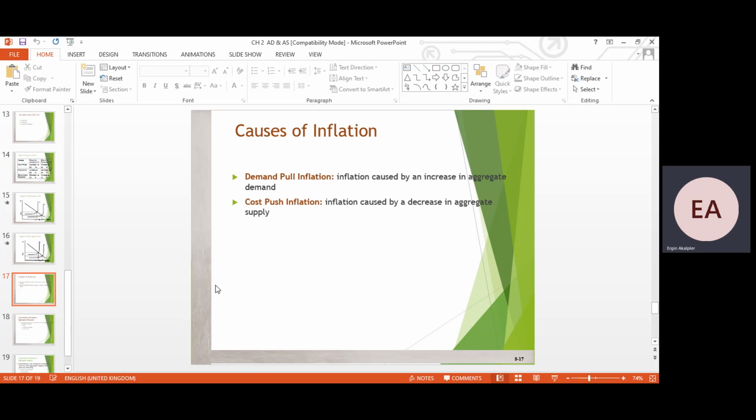Cost push inflation occurs when the higher cost of production decreases the aggregate supply, the amount of total production in the economy, and since the demand for goods stays intact, the increased production costs are passed on to the consumers, creating cost push inflation.